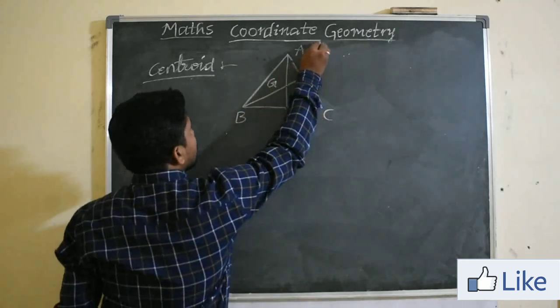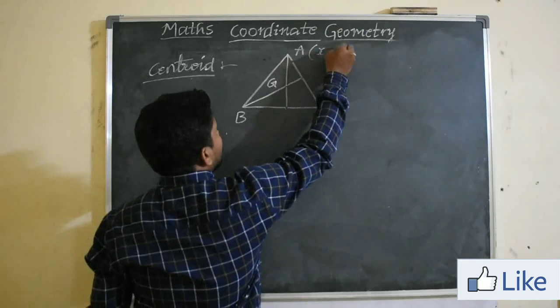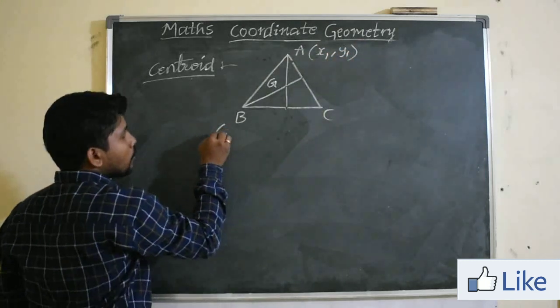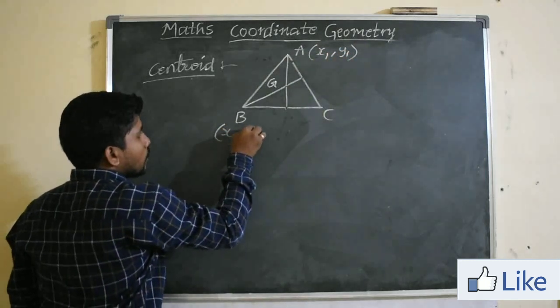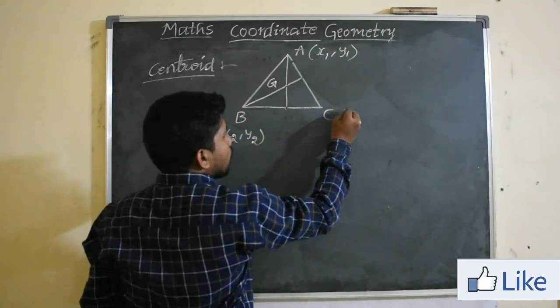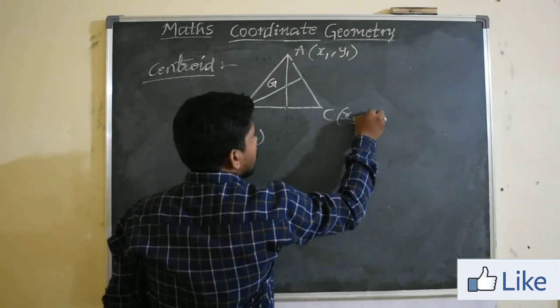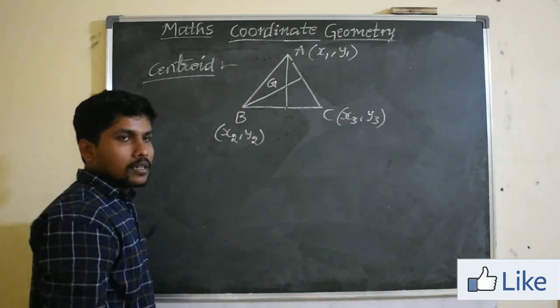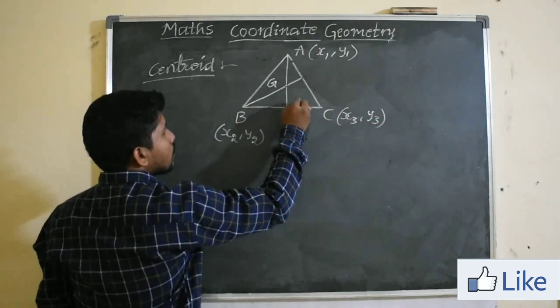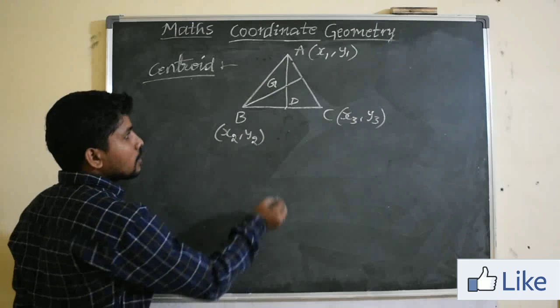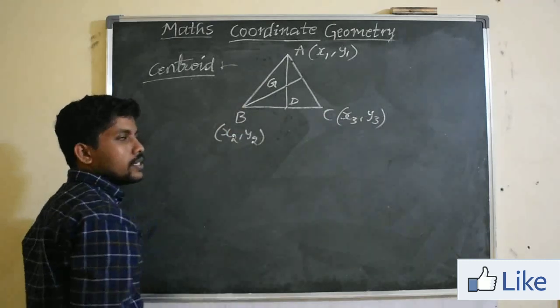So if you take these coordinates as x1 comma y1 and point B as x2 comma y2 and point C as x3 comma y3. We know that this point, let us take this as D, then this D is the midpoint of BC.